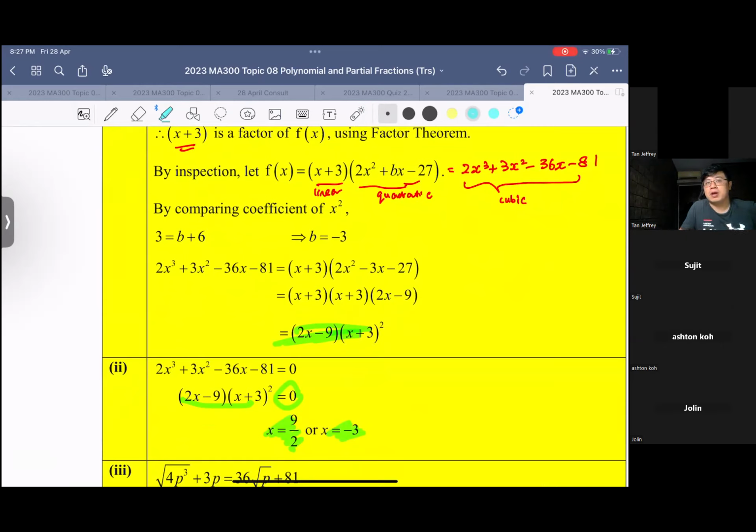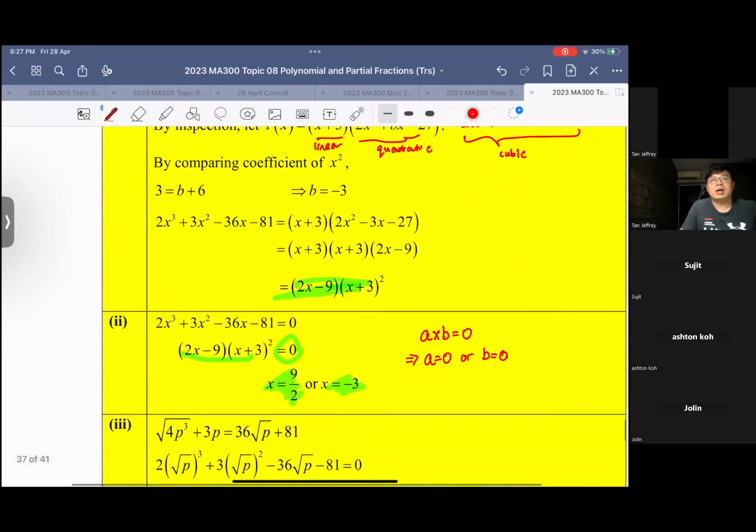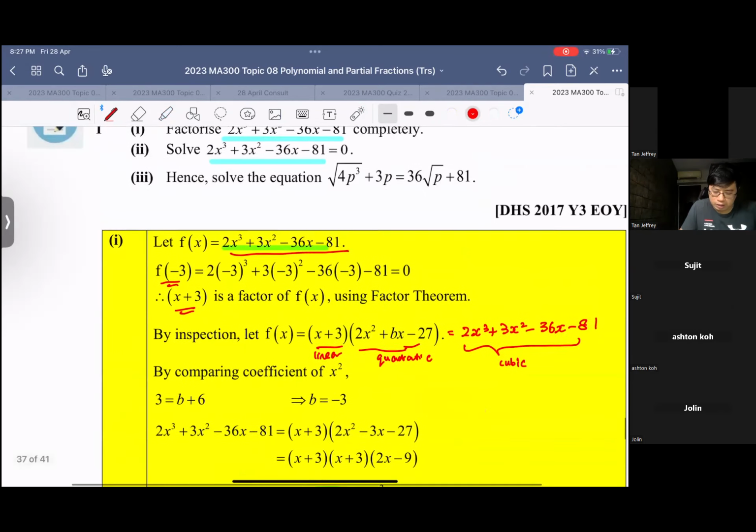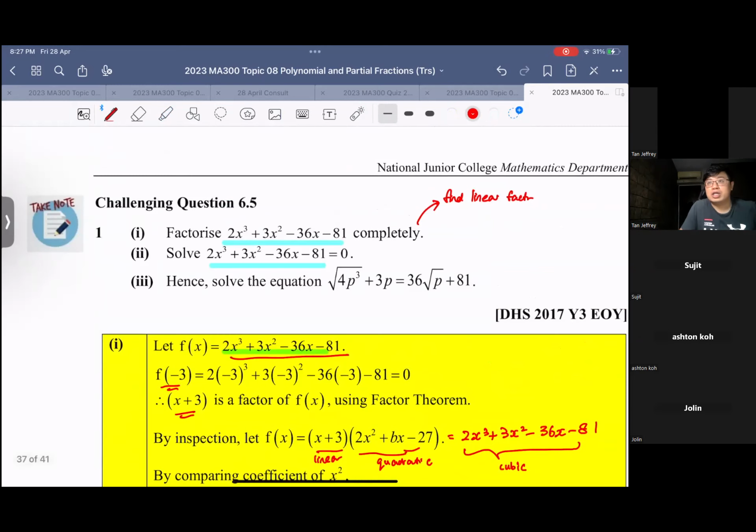The zero product rule: if a multiplied by b equals 0, this implies that a equals 0 or b equals 0. That's all.